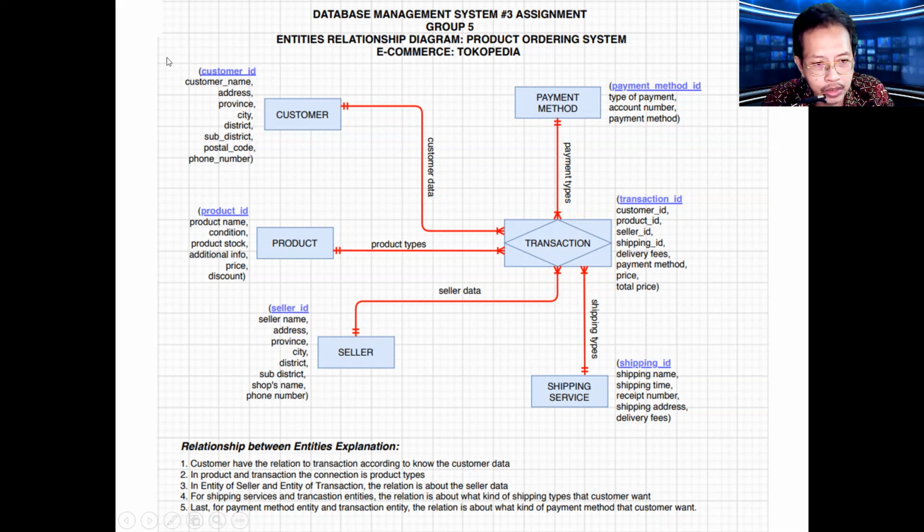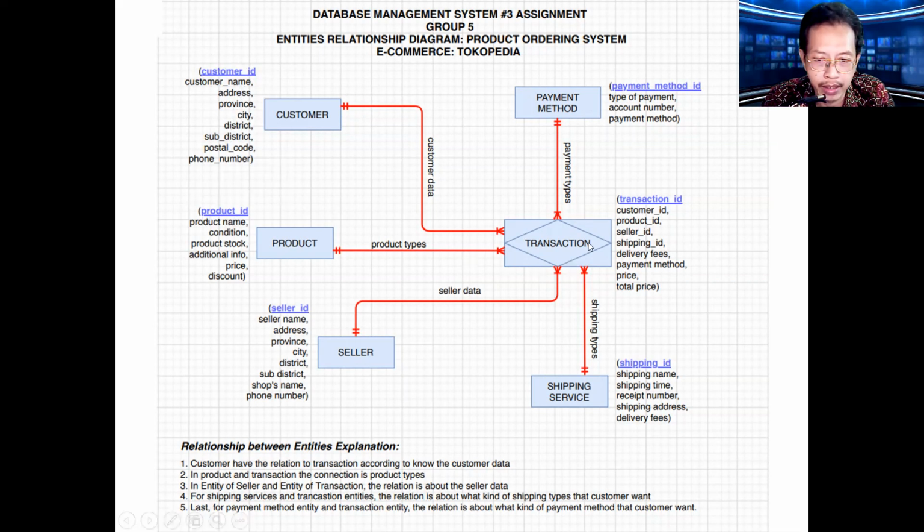And next to the entities, you have the attributes, or later on in the database file, you would call it fields. And then the blue ones here, these are the key fields, the identifiers of each database file.